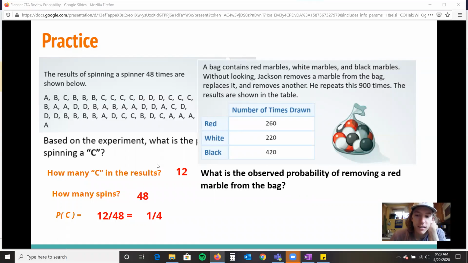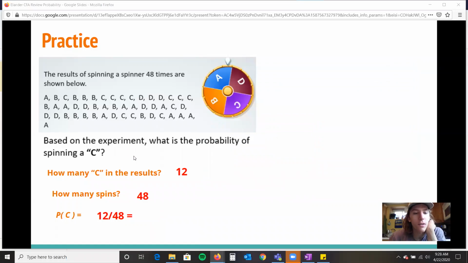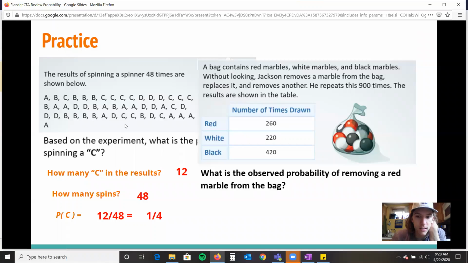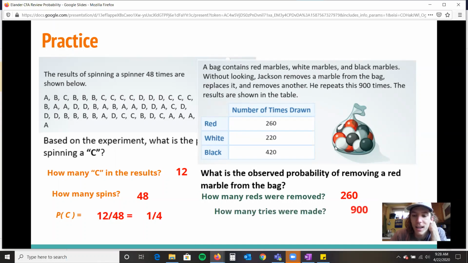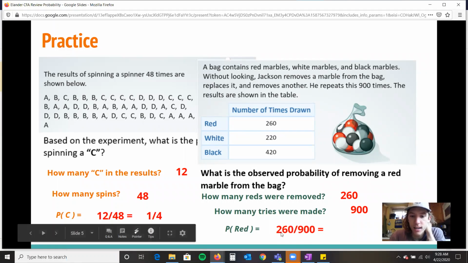Okay, so I've got 25% from some of you guys, 29, 30. So let's see what it is. All right, so how many reds were removed? 260, right? And how many tries were made? 900. So that's going to be 260 out of 900, the number of times we got it out of the total possible.